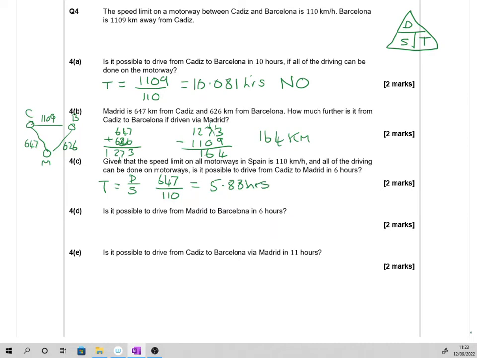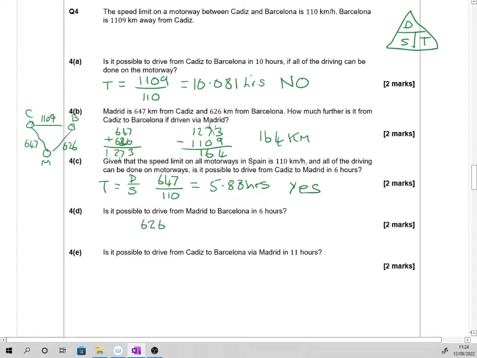Yes. Is it possible to drive from Madrid to Barcelona in 6 hours? So this is going to be 626 divided by 6. Why did I do 6?